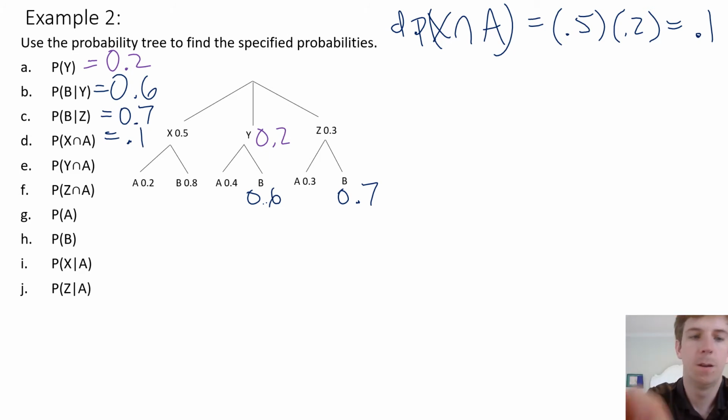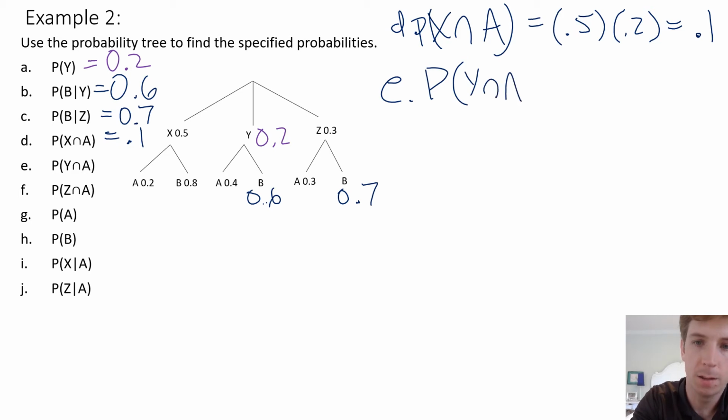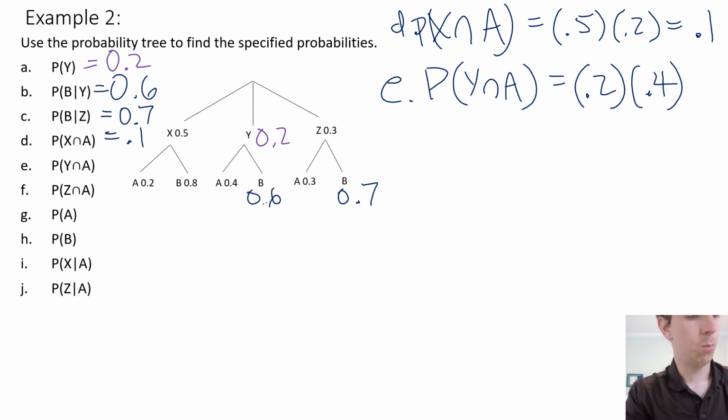For part E, same logic, the probability of Y and A. I know the probability of Y is 0.2, probability of A, 0.4. So 0.2 times 0.4, we would get 0.08, using that multiplication rule.